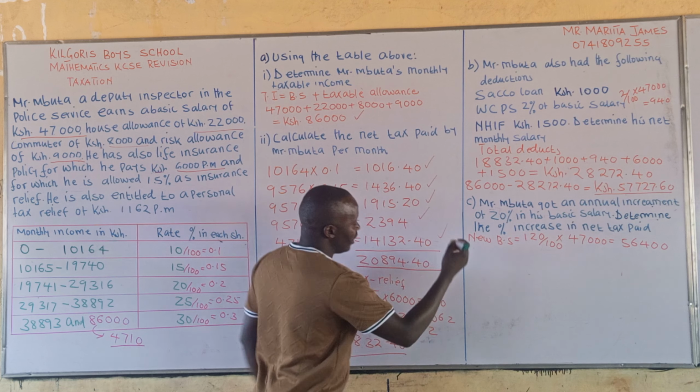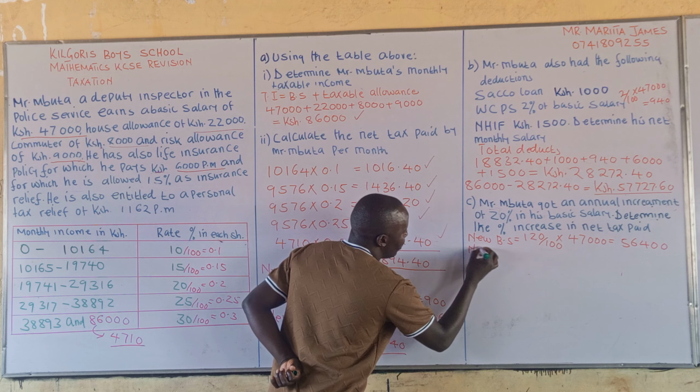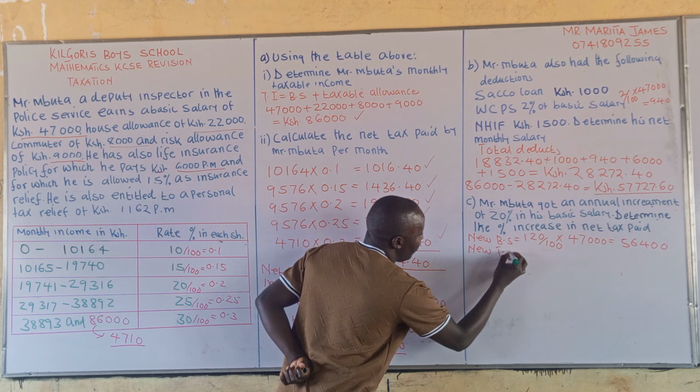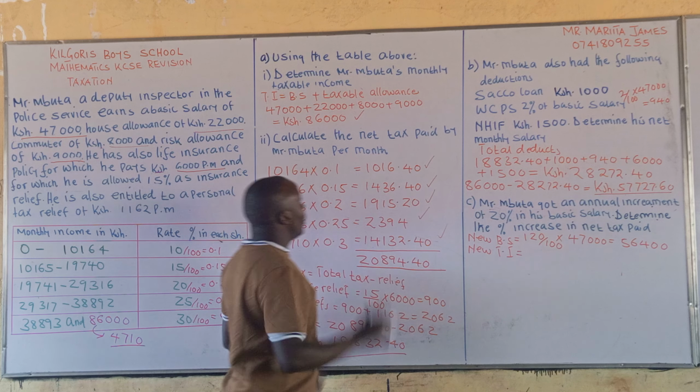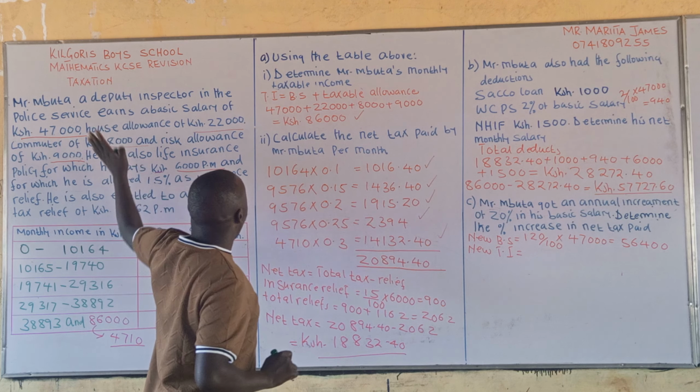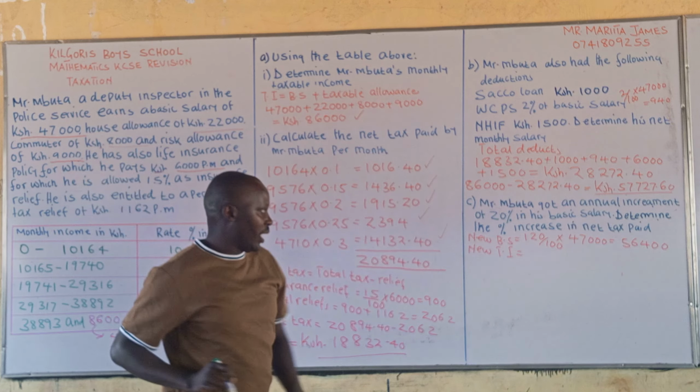So with the increase in the income tax, we have a new taxable income now. The taxable income is equivalent to the basic salary plus all the taxable allowances.